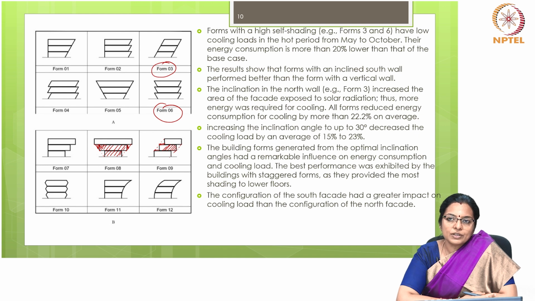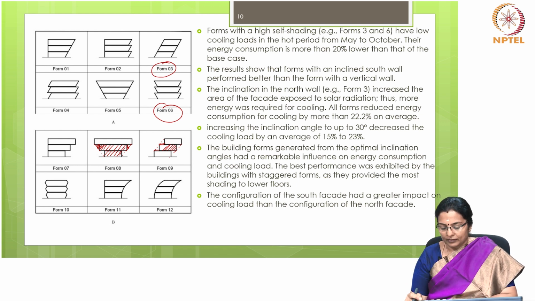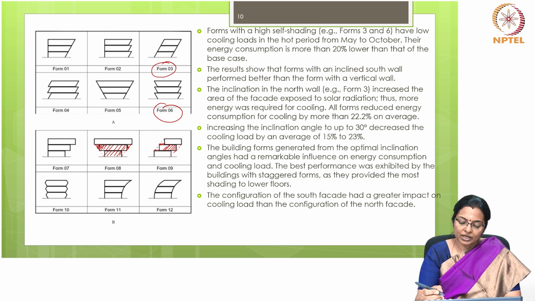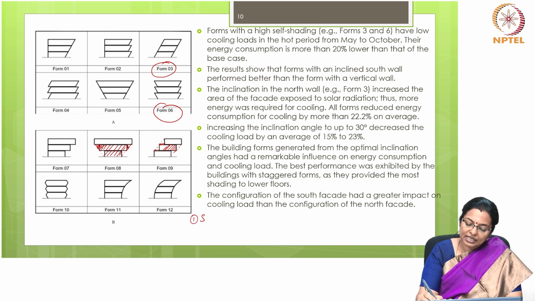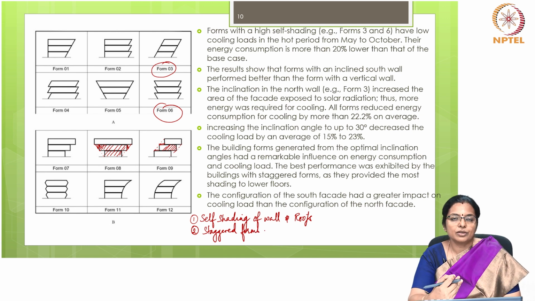The configuration of the south facade had a greater impact on cooling load than the configuration of the north facade. So, there have been several studies which have clearly said that two aspects, one is self-shading of walls and roofs, especially with staggered forms, provides the best insulation from heating.